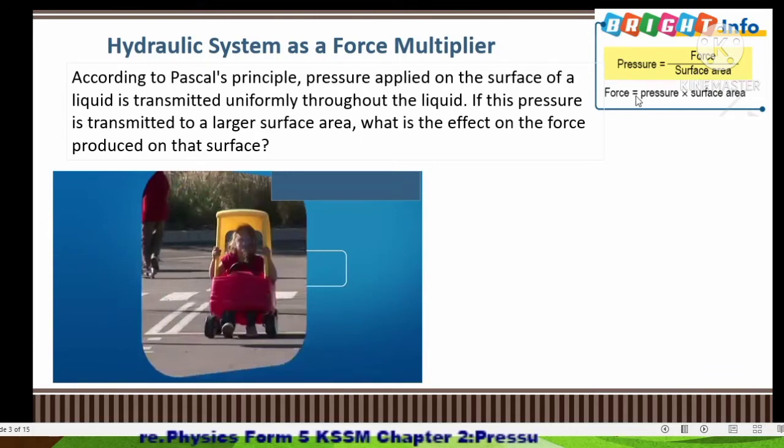And force equals pressure multiplied by surface area. If the pressure transmitted is uniform throughout the liquid, or we can say pressure is constant, force is directly proportional to surface area, meaning the larger the surface area, the larger the force produced.